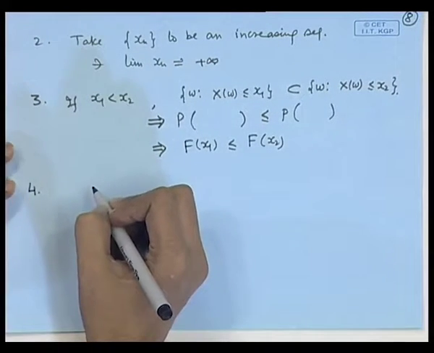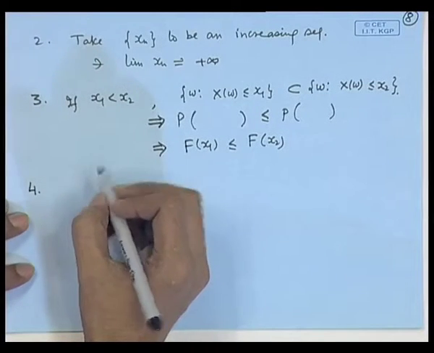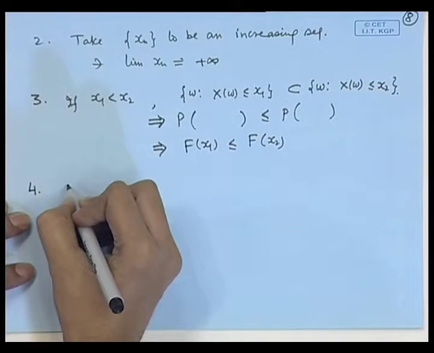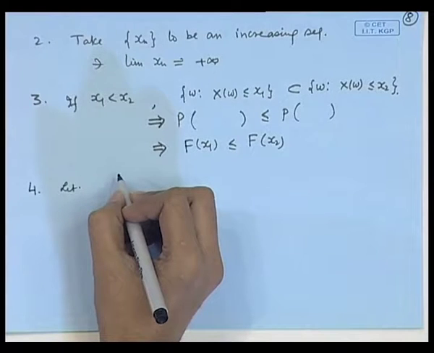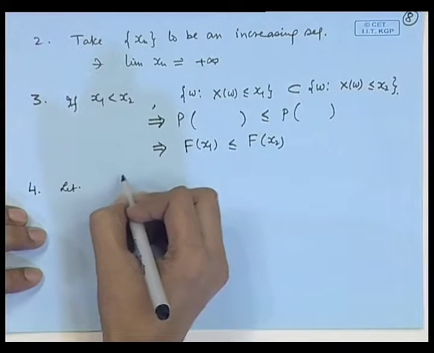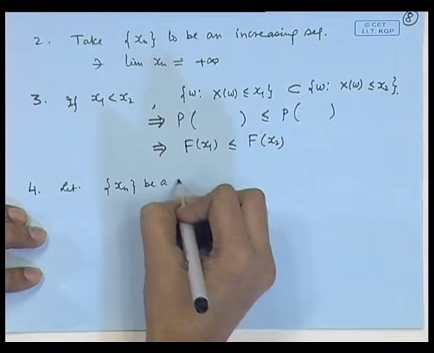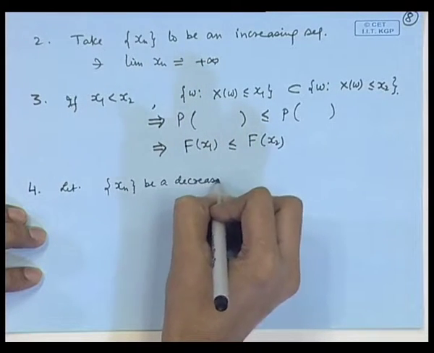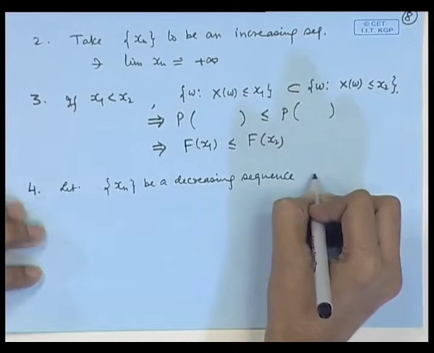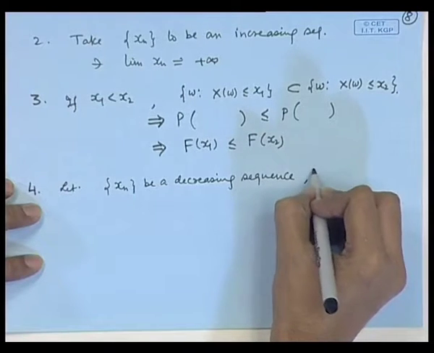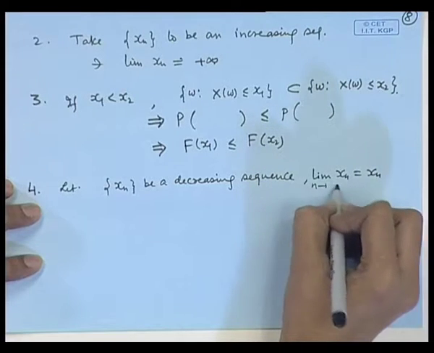To prove the continuity from the right, let us consider a sequence. Let x_n be a decreasing sequence with limit of x_n is equal to say x as n tends to infinity.